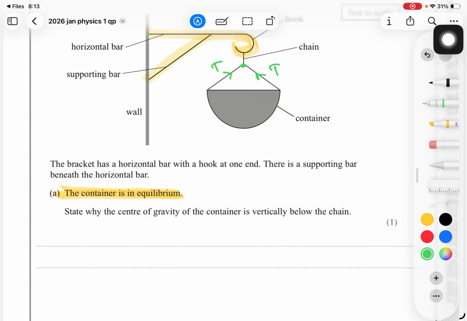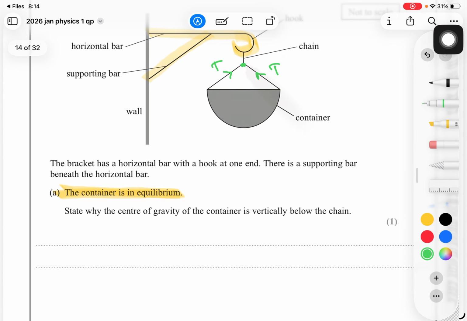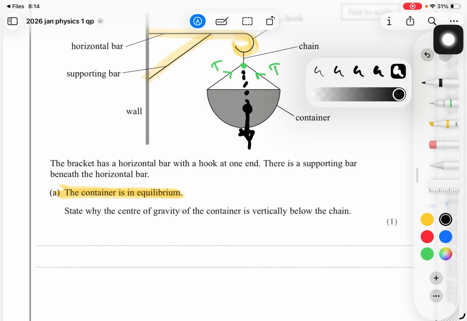So if we consider this attaching point, so that the weight does not cause a moment around the attaching point, we have to make sure the weight is acting in line with the attaching point. So that's why the center of gravity is right vertically below.